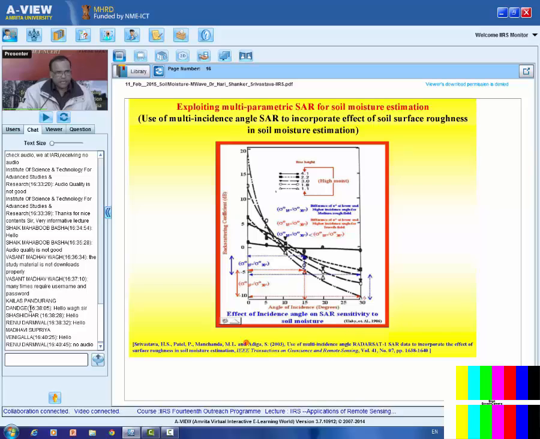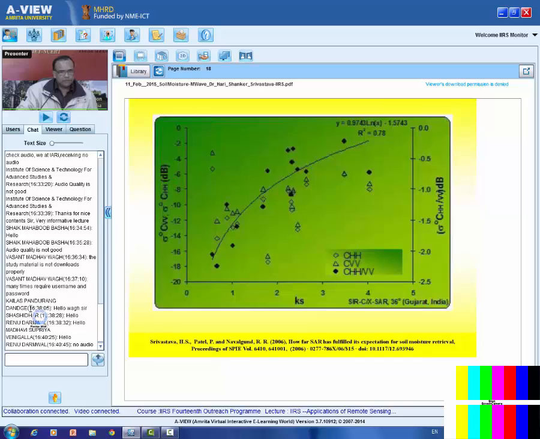This work is my own work, and it has been published in IEEE Transactions on Geoscience and Remote Sensing. So if you are not able to understand fully, because I am trying my best to explain, but within a small period of 1 hour, it is difficult to understand everything. So if you feel interest in this slide, please go to this paper, you will be able to understand everything.